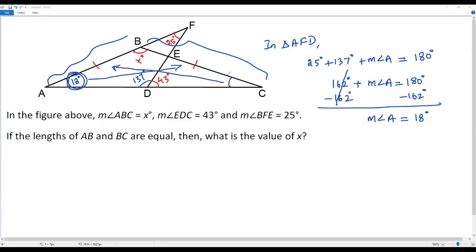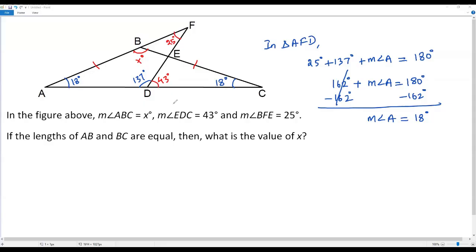Since these are opposite to the equal sides AB and BC, the interior angle at vertex A and the one at vertex C must be equal. We already know that here it's 18 degrees, and here also we have 18 degrees.